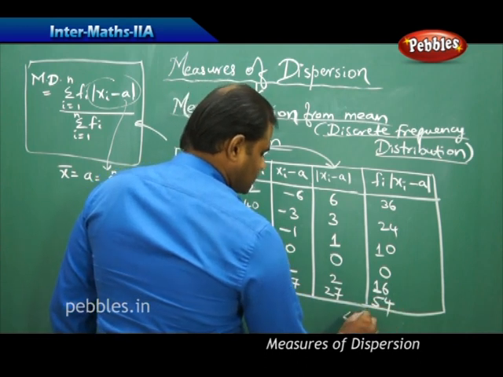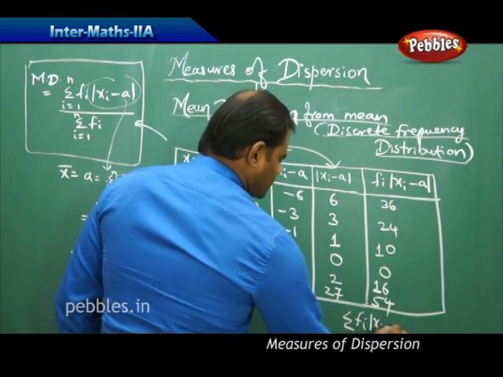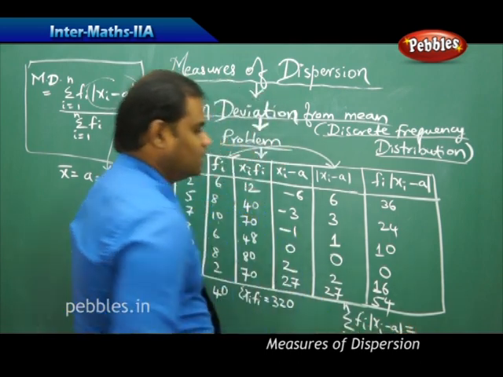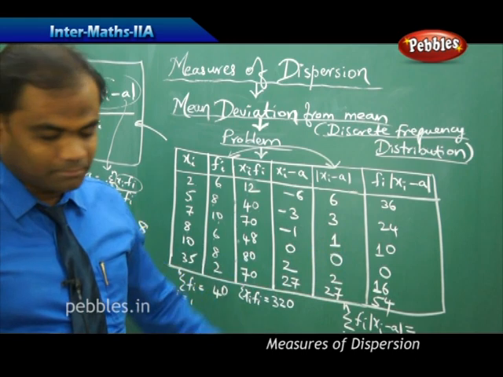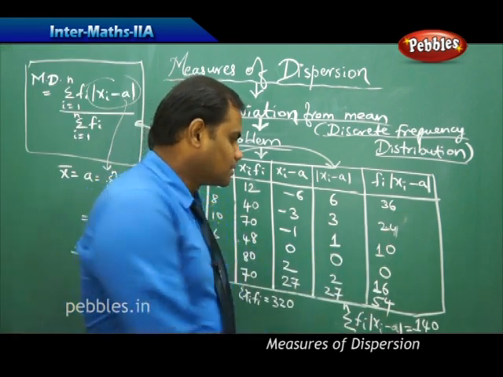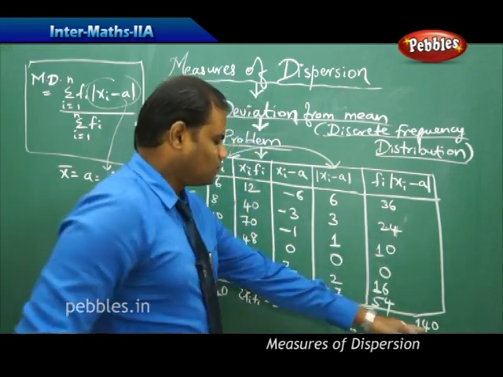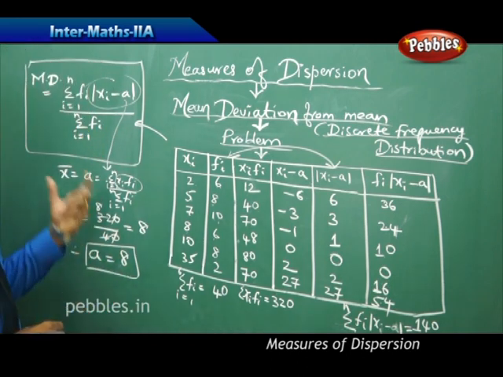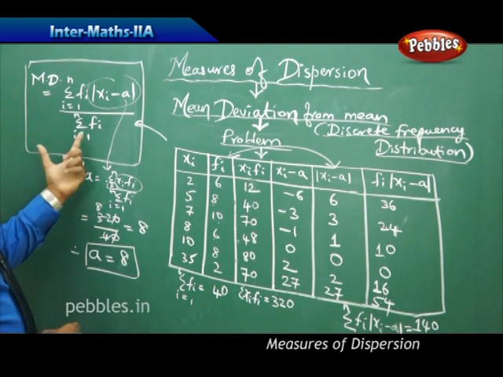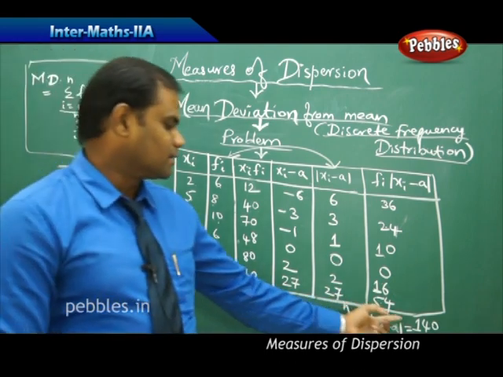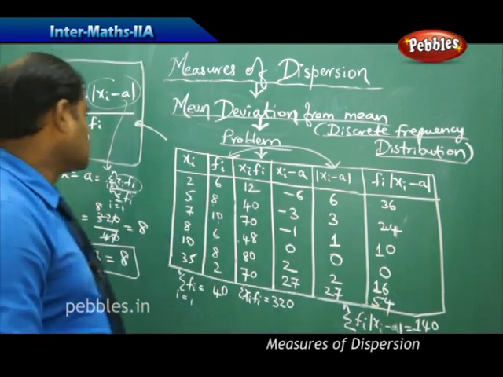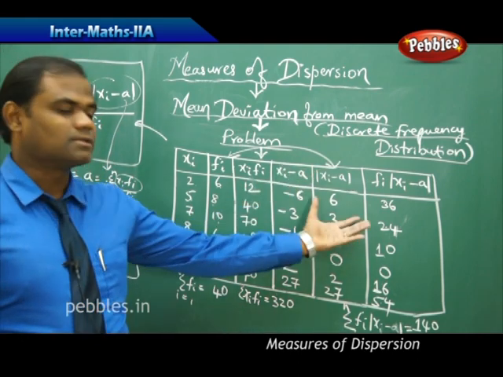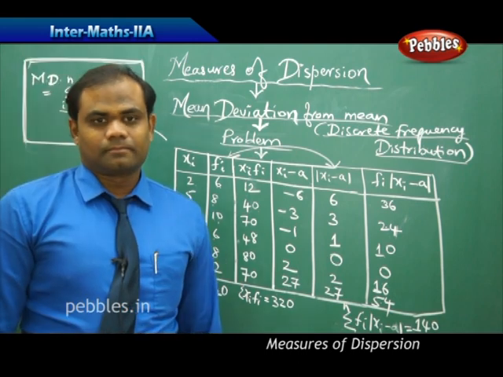Sigma fi mod xi minus a, i running from 1 to n, will be the sum of each of them. On adding, this gives me the value 140. So using these values of sigma fi and sigma fi mod xi minus a, I calculate the mean deviation using this formula.